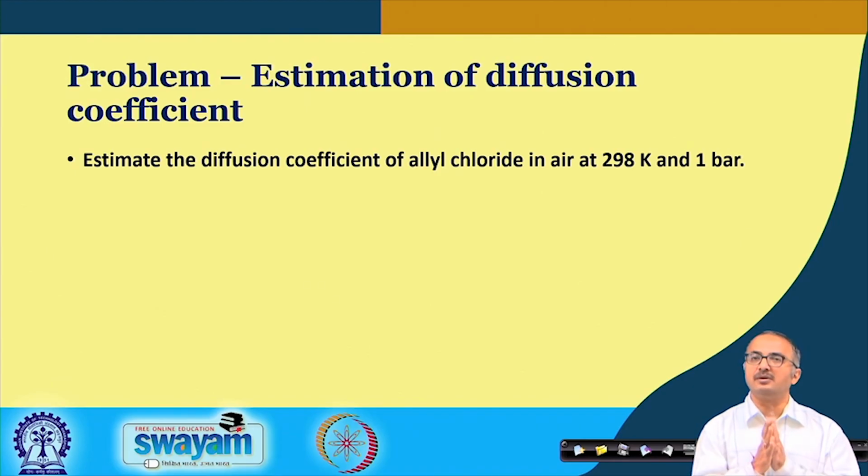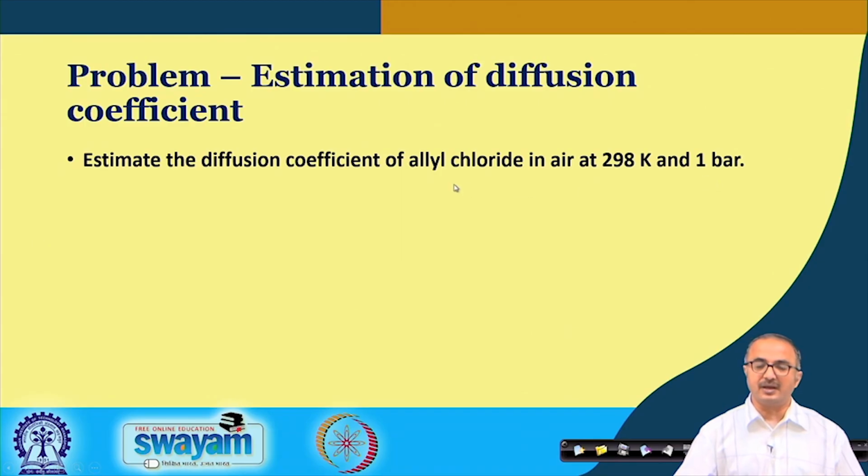Whenever you keep the system undisturbed, the mass transfer or the distribution of a component in another component occurs purely due to diffusion, and for diffusion you need the diffusion coefficient or diffusivity. This diffusivity is a function of both temperature and pressure, so it is important to mention the temperature and the pressure.